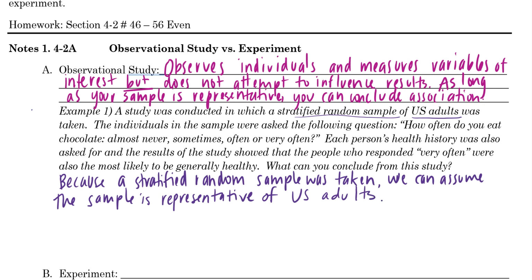Okay. Not only that, but after they did the study, they determined that the very often chocolate eating group also tended to be generally healthy, which means we can conclude that there is a connection somehow between eating a bunch of chocolate and being generally healthy.